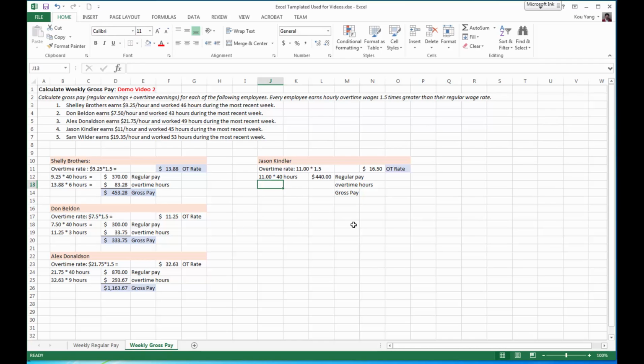For his overtime pay, I'm going to take his overtime rate of $16.50 times the 5 hours of overtime, because he worked 45 hours. We've already calculated 40 hours as the regular hours, and the extra 5 hours will be his overtime hours multiplied by the $16.50, for total overtime earnings of $82.50.